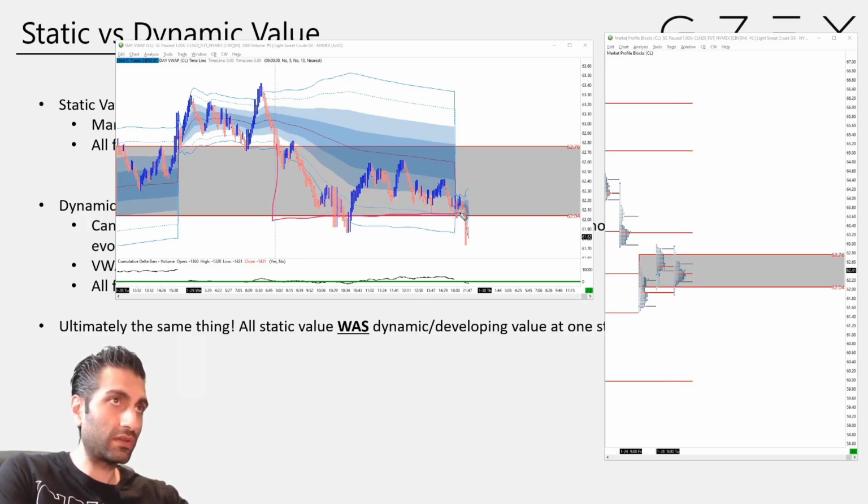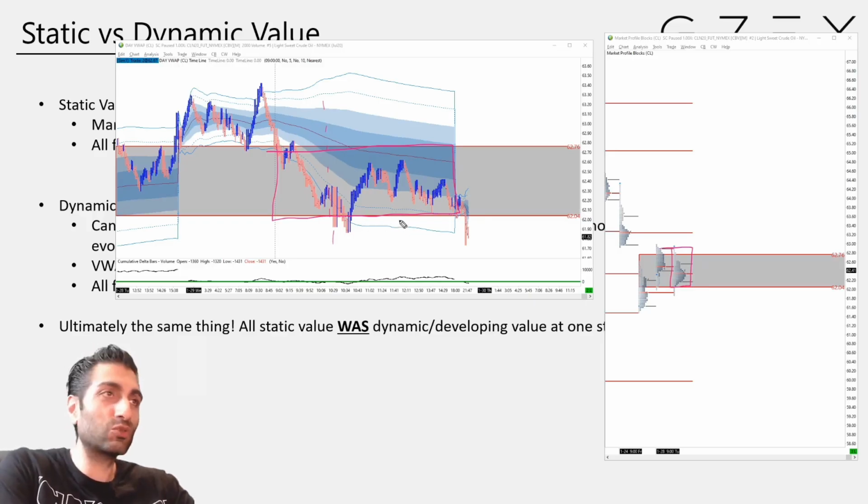This session here, the RTH session, was this, basically. And my point is, at one stage, it was an evolving profile, wasn't it? That's all my point is: this is now static, but before the day closed, it was dynamic or developing. That's all I'm trying to show you.